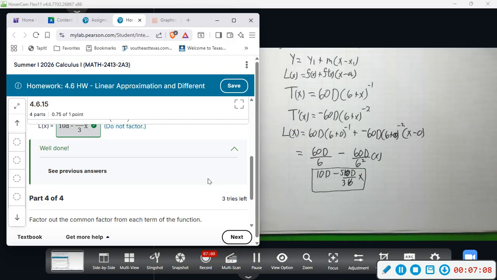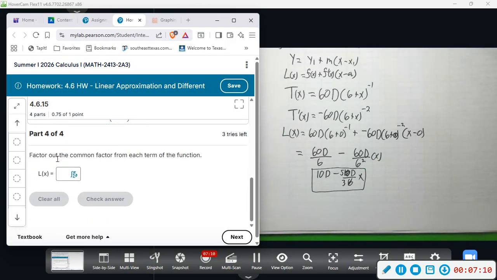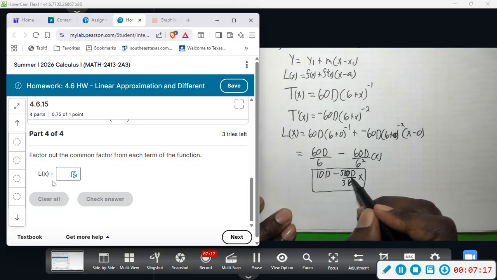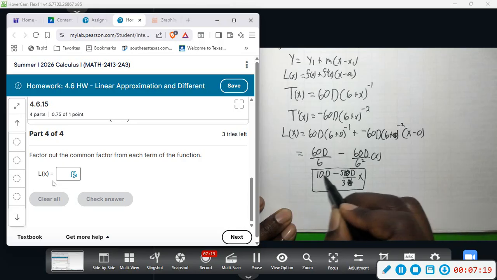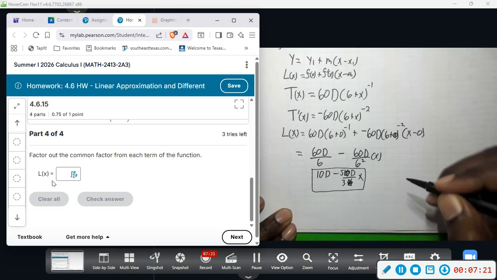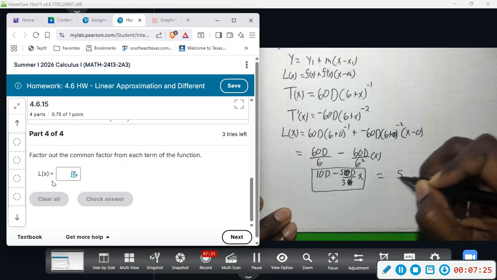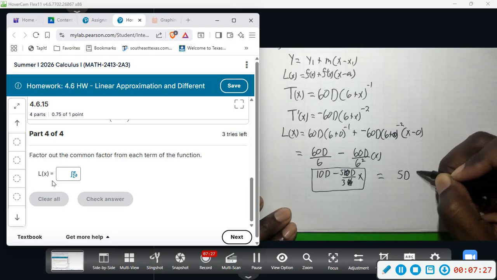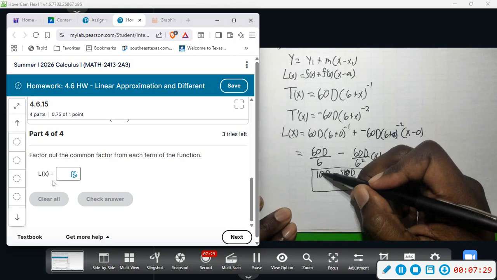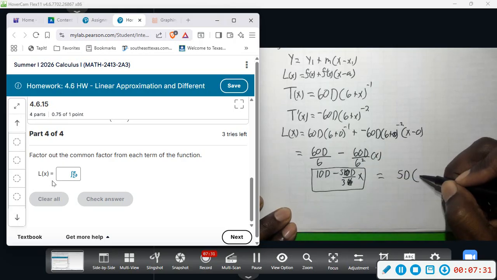All right, and then part 4 says factor out the common factor, and then we'll write the function. So here we can factor out a 5d. Pull out 5d. When you divide by 5, this will be 2.